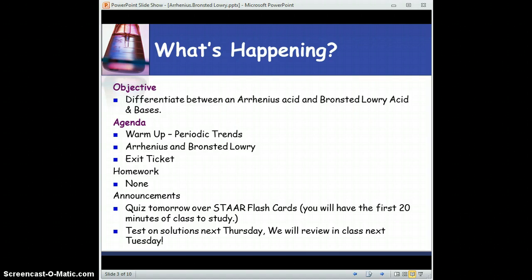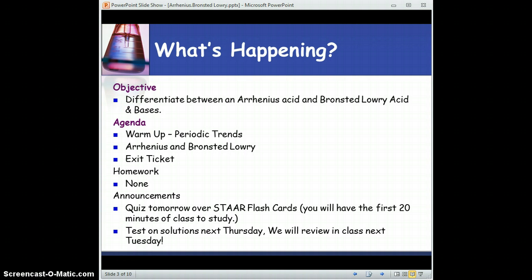So I'll start my timer now. Okay, so that's been 45 seconds, so we should have everything put away and we should be ready to go.